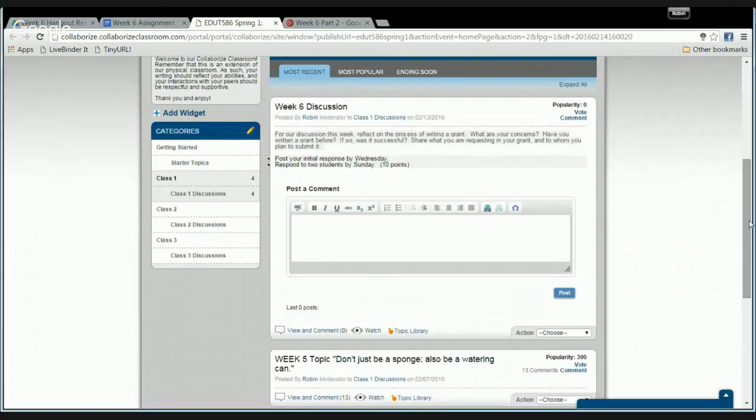So make sure that what you are thinking about as you write your grant is presenting a compelling argument for why your project is the project the grantor wants to fund, okay? There's usually lots of competition with grant writing.